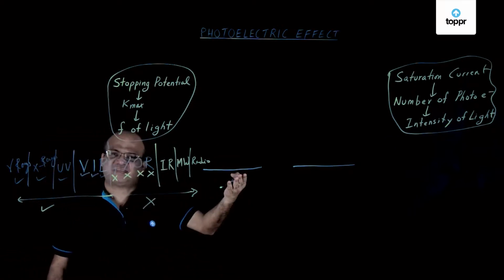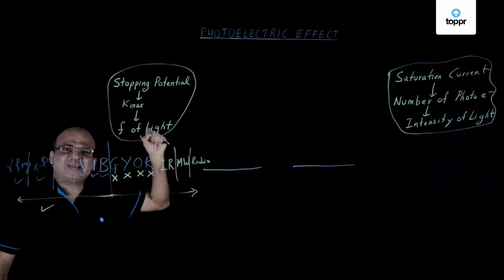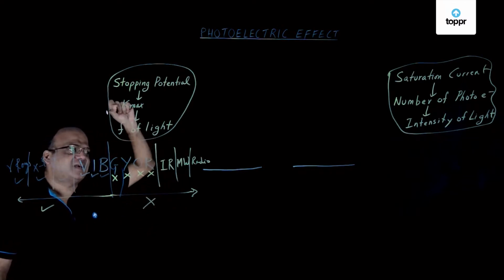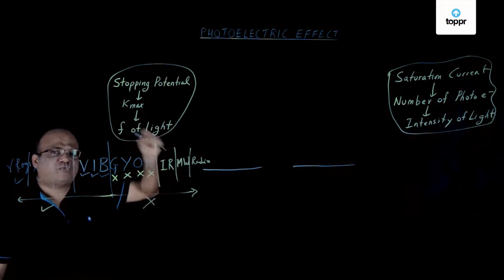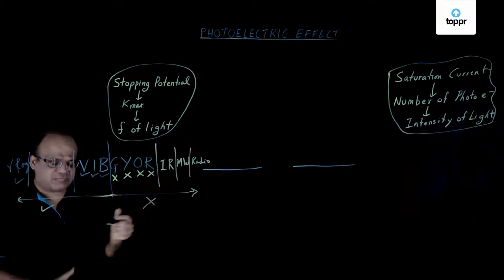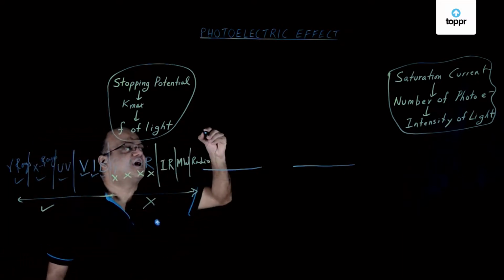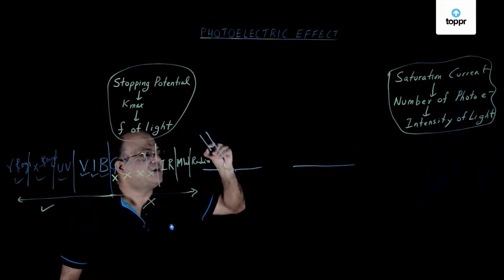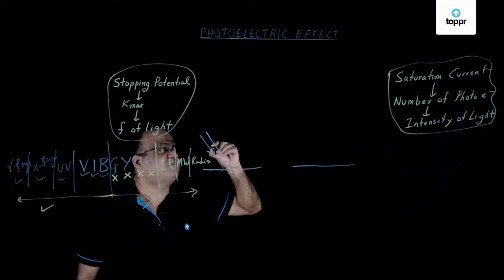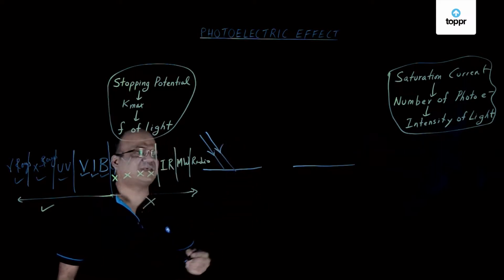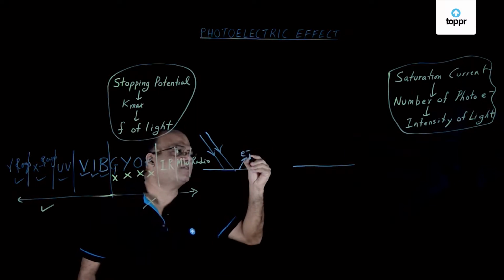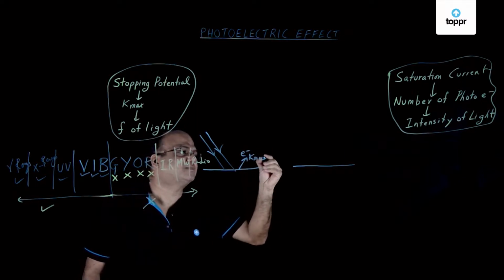Now this surface is photosensitive for blue light. That means this metal, whatever is there, is photosensitive for blue light. If blue light falls on this, electrons come out. Suppose a small amount of low intensity blue light falls on this surface. Electrons will come out with some Kmax.